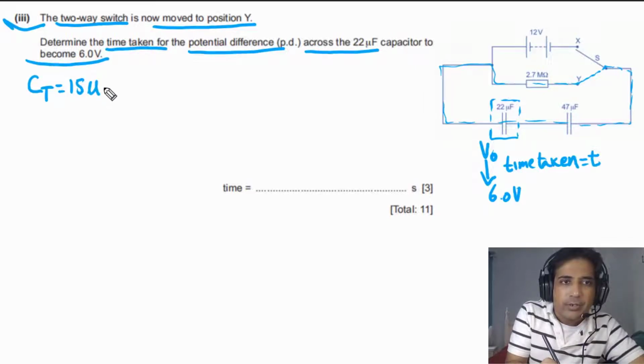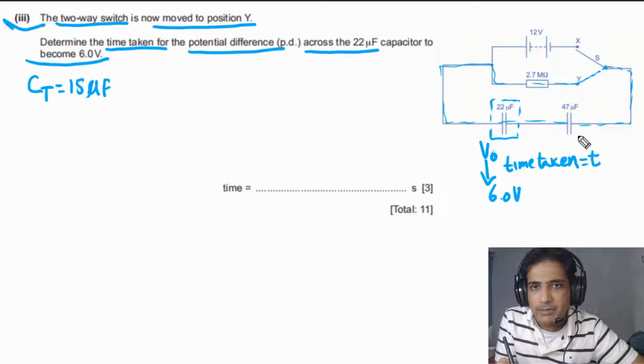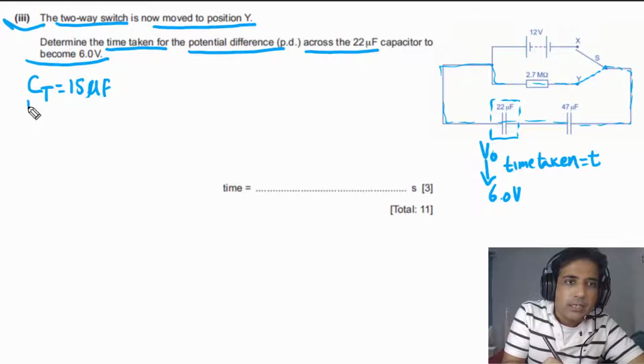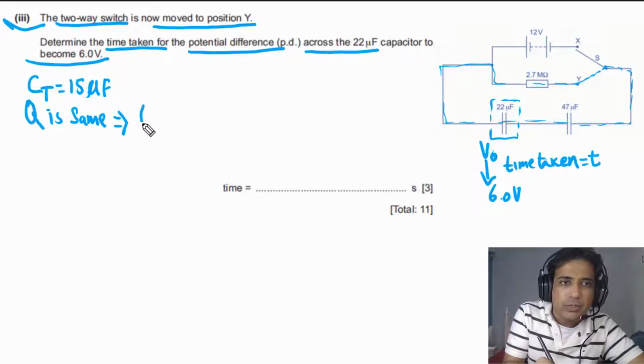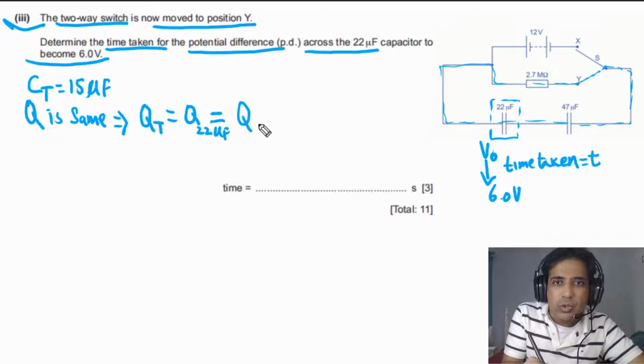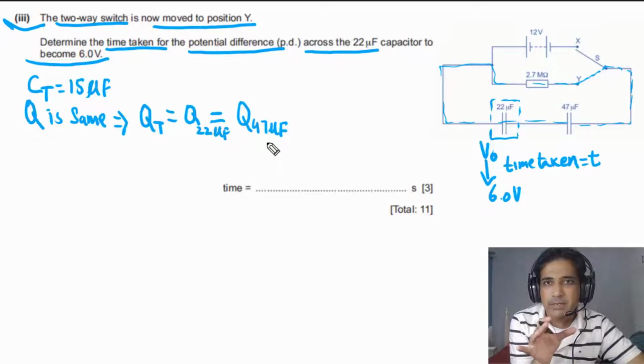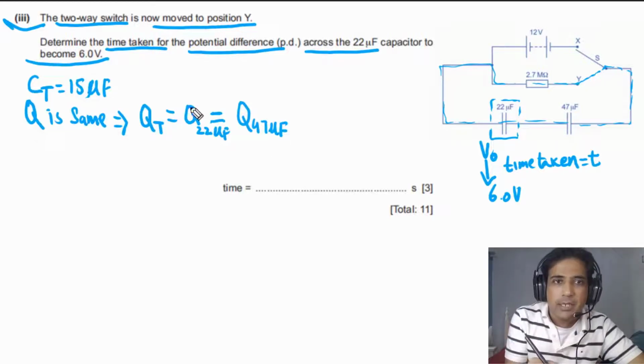Now we need to understand that when two capacitors are connected in series, they have the same value of Q. Q total is equal to Q on the 22 microfarad, equal to Q on the 47 microfarad, because when capacitors are connected in series they have the same charge, and the charge on 22 and the charge on 47 microfarad is equal to QT, the total charge.